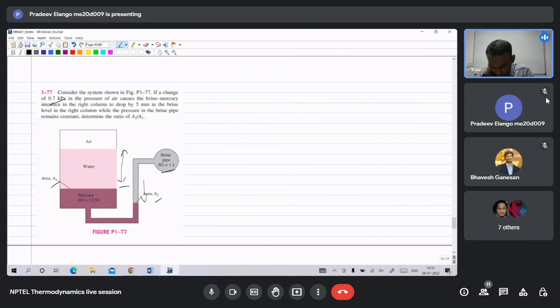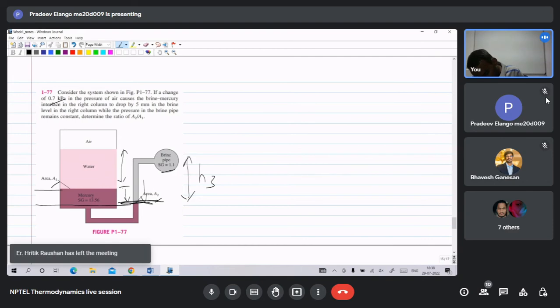So initially when there is no change in the air pressure, we take this to be the datum, and we say this height as h3, this from the datum as h1, and water height as h2.